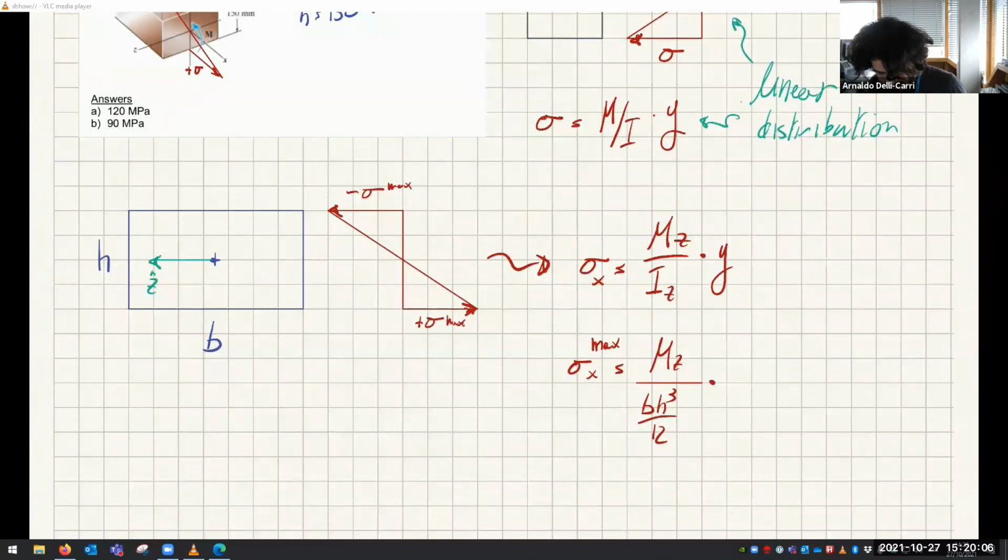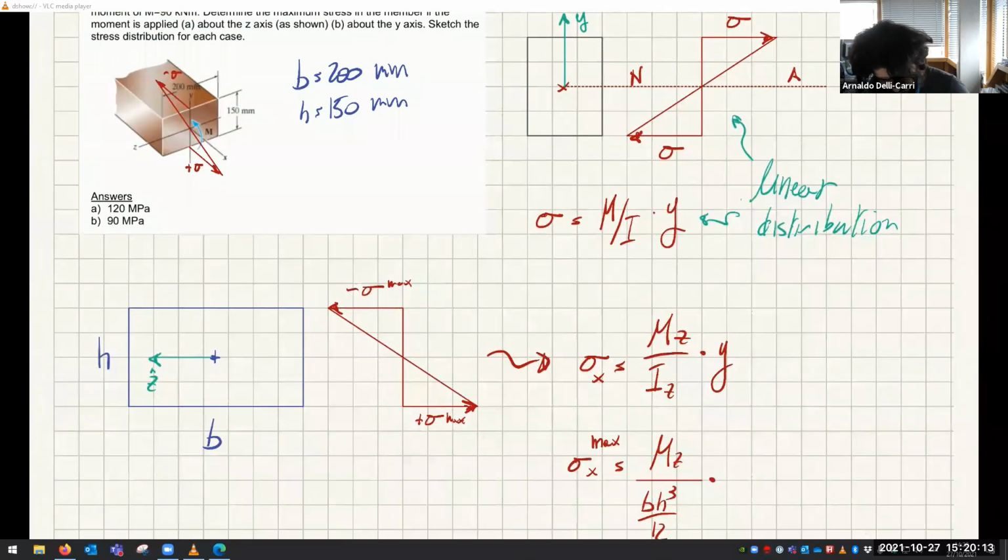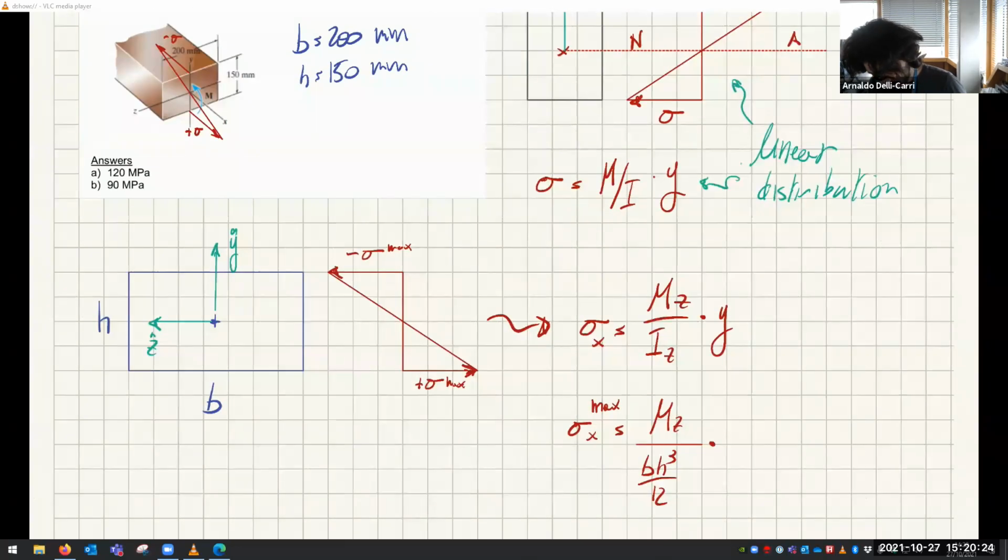So the largest stress is where y, this is the y-axis, where y is the largest, so either here or here. And how much is this? This is h divided by 2. So this gives 120 megapascals. If I'm using millimeters, this gives 120 megapascals.